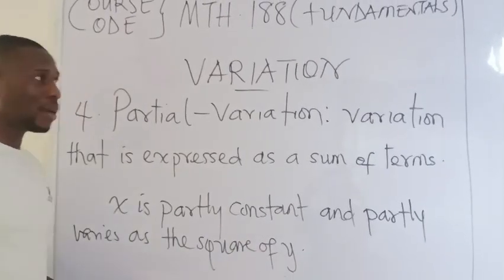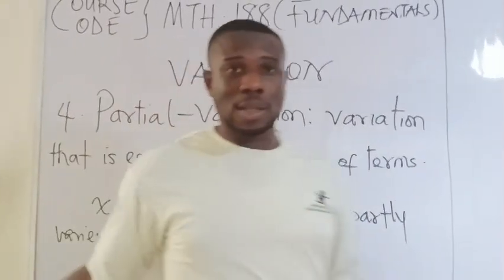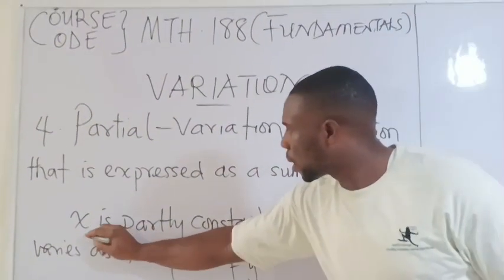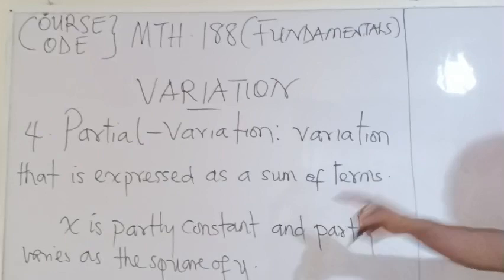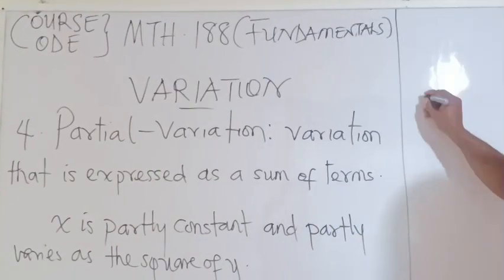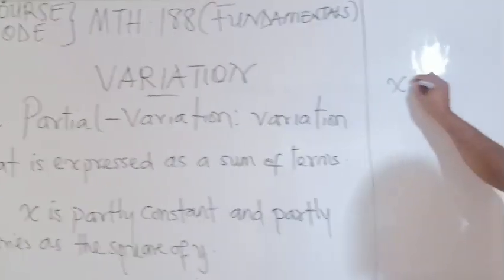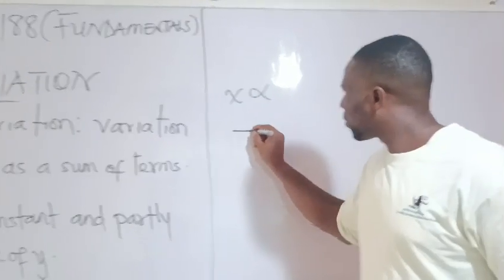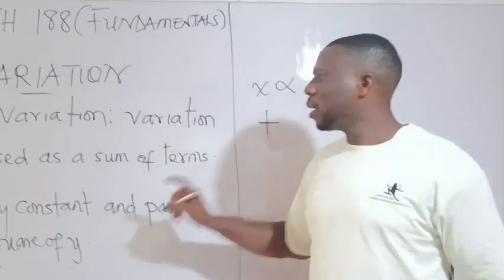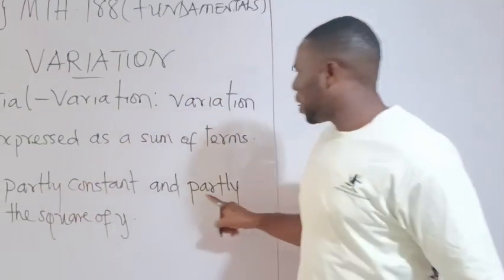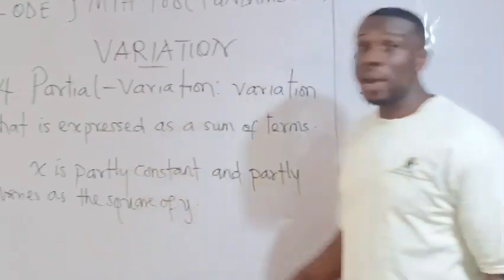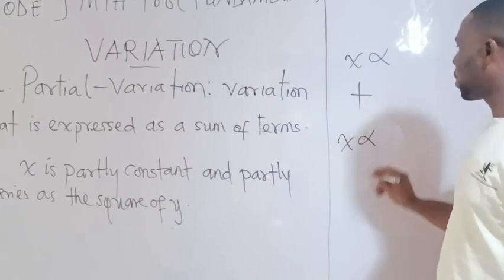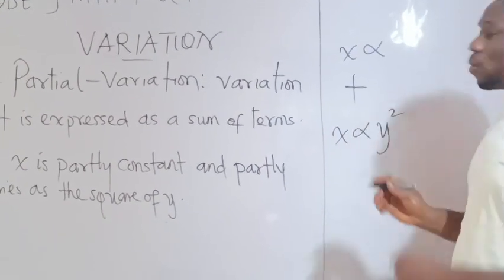So how do I really express this quantitatively? The first statement is x is partly constant. And is a plus. The same x partly varies as the square of y.